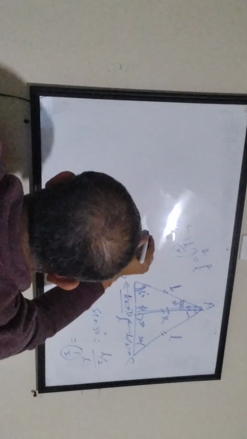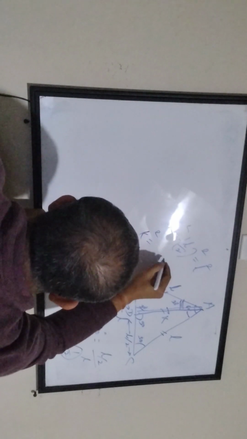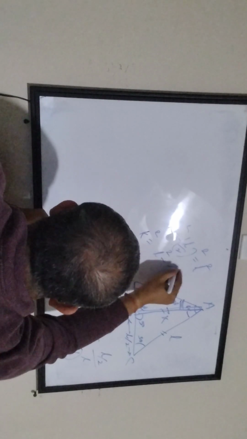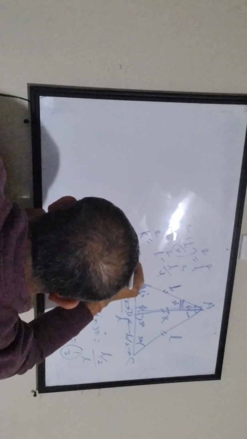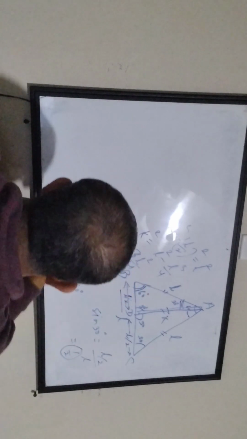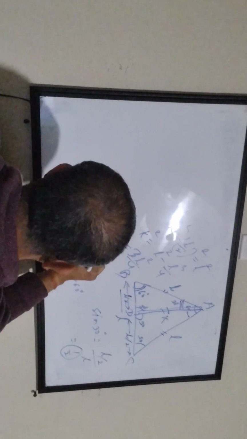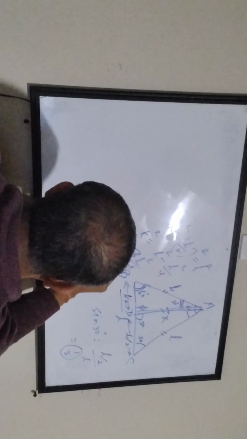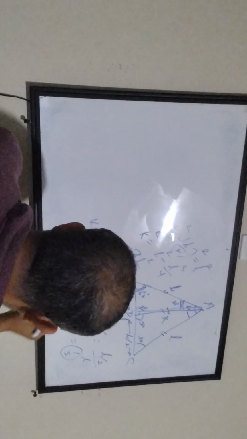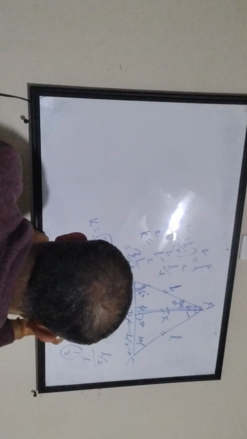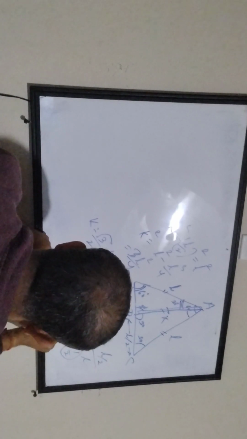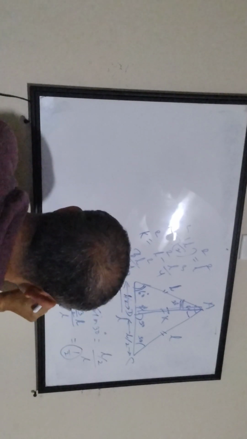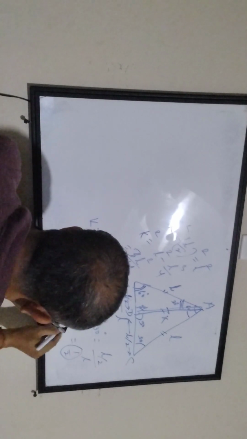From this we find k square equals L square minus L square by 4, which equals 3L square by 4, and hence k equals root 3 by 2 L. So sine 60 is root 3 by 2L divided by L, which gives sine 60 equals root 3 by 2.